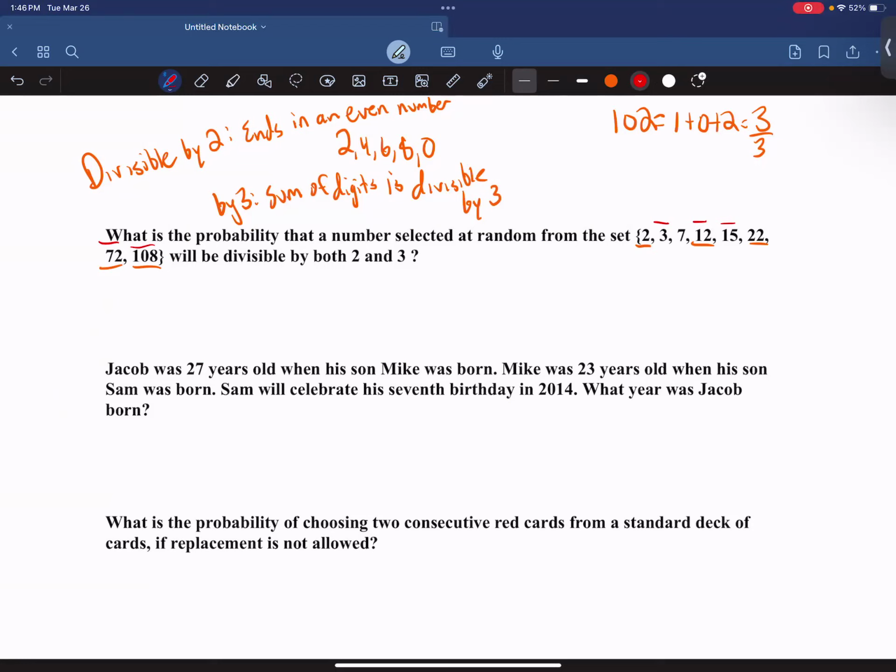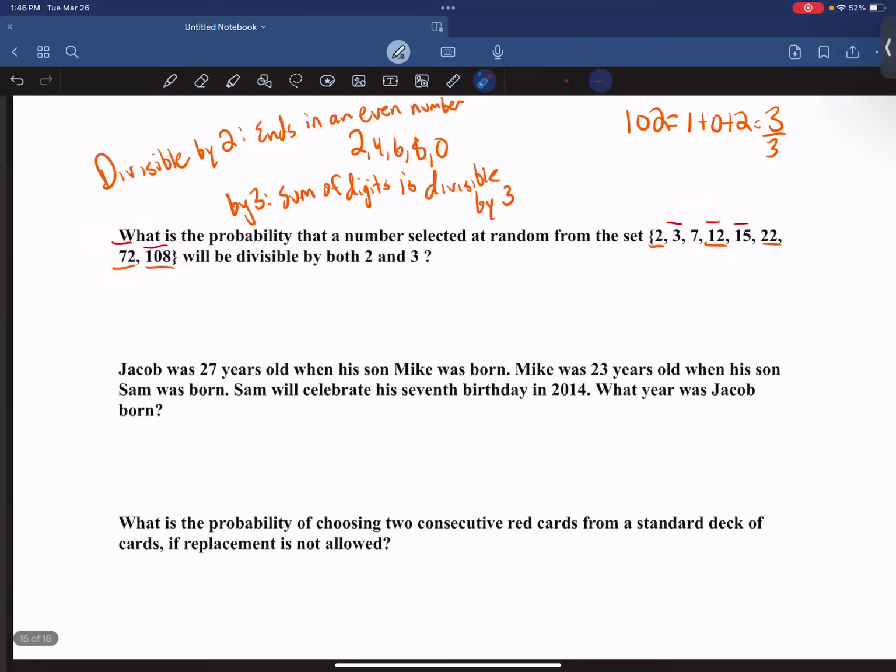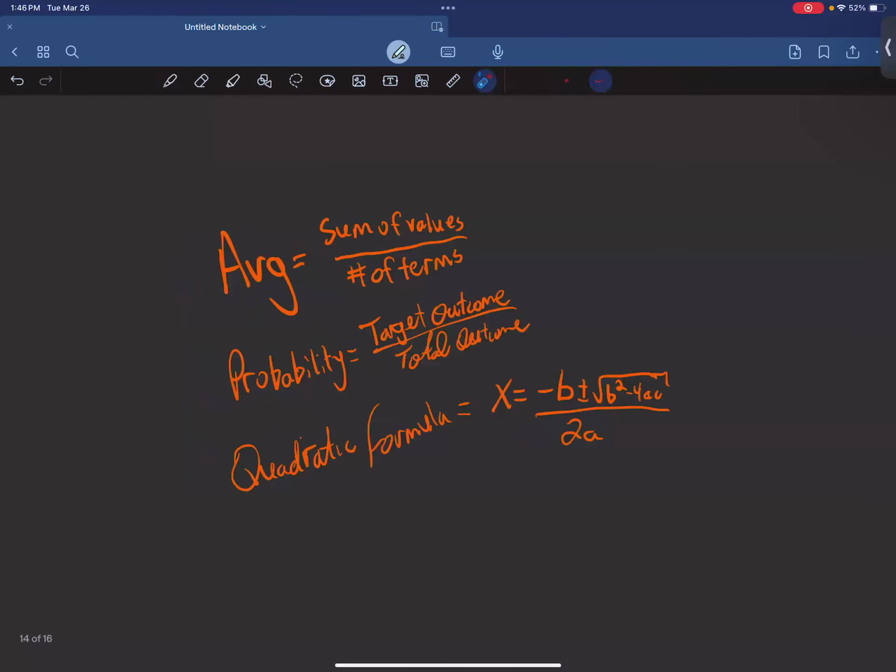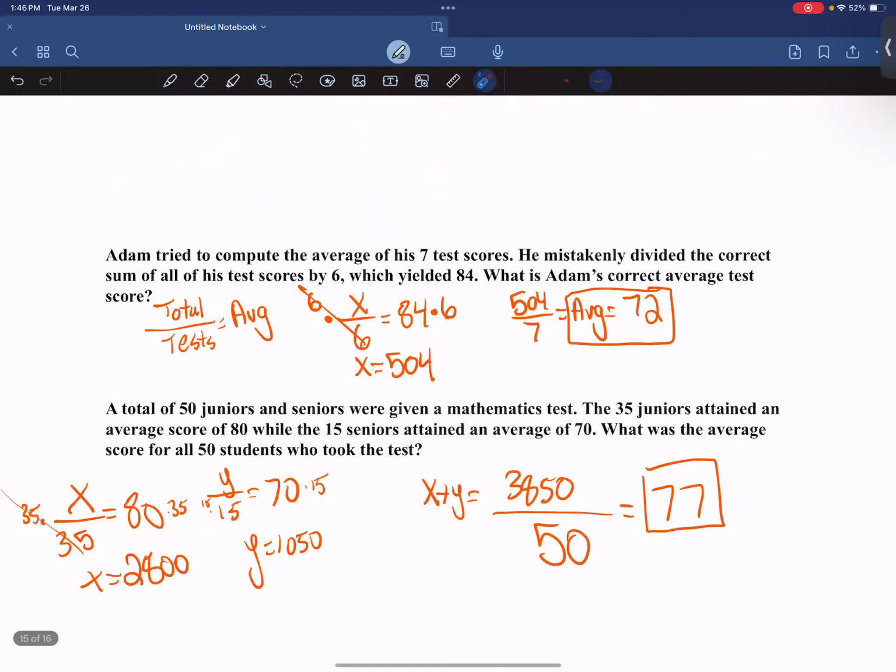Well, the question asks, what's the probability that a number selected will have divisibility by both 2 and 3? Well, look at the ones that have lines on top and bottom. 12, 72, and 108. Well, we know based on this that probability is our target outcome divided by total outcomes.